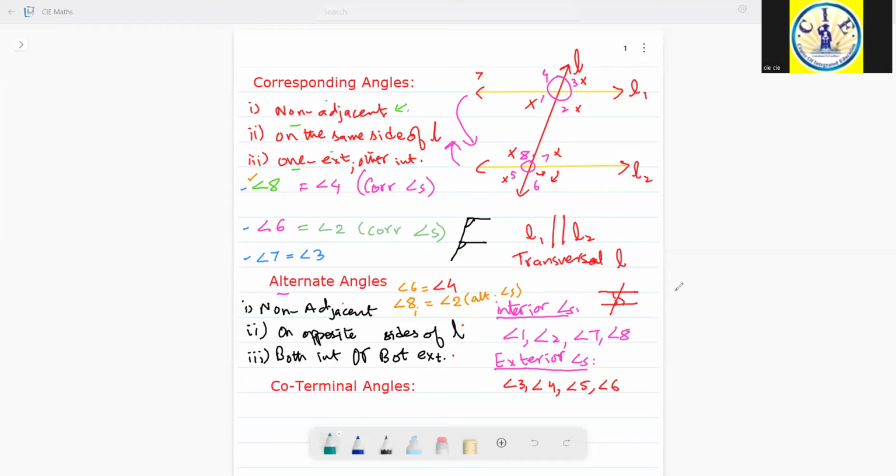Okay. And for coterminal angles, if I define what the coterminal angles are, you need to see that the word co-terminal means having terminals which correspond to each other.